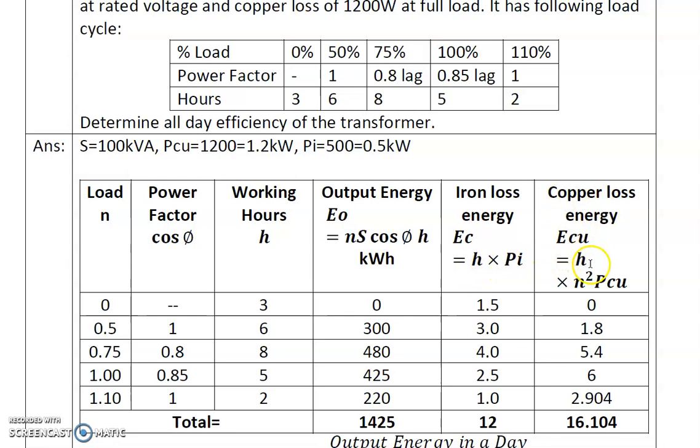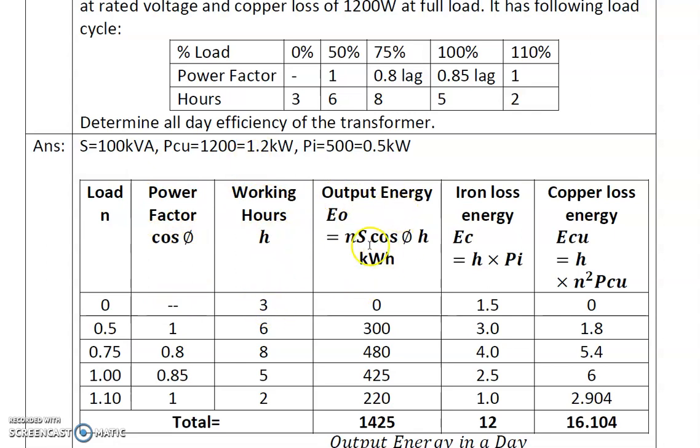Copper losses: number of working hours into N square into P_c. N square is the loading condition. Why is it N square? Because copper losses are proportional to the square of the current, and current depends upon the loading condition. So in the first case, for 0% load, power factor is not required, and working hours are 3 hours.